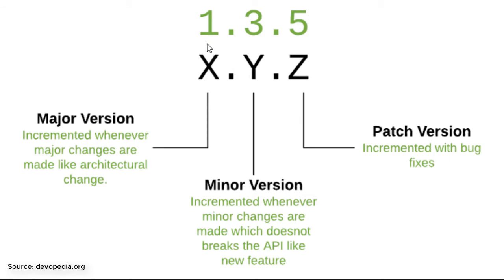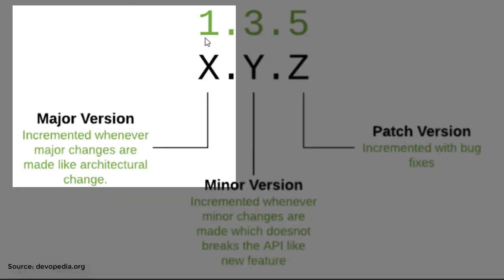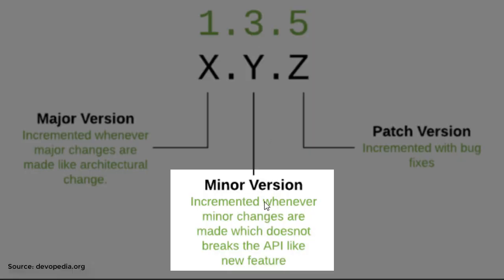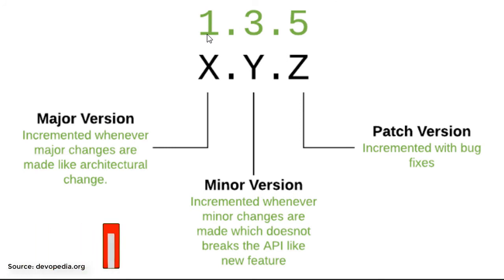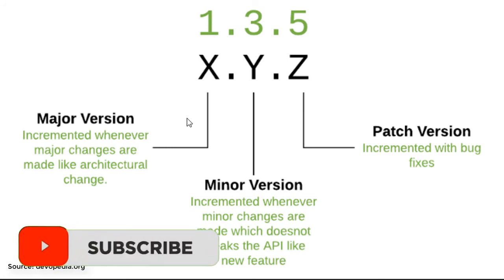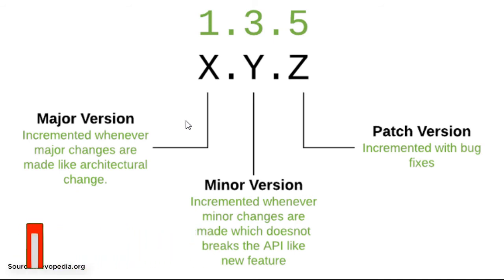To explain the semantic version much more clearly, I have this photo right here. As you can see, the first portion of this versioning indicates the major version, the second the minor version, and the third the patch version. The major version, every time it is incremented, indicates that there has been a major change, like an architectural change or any breaking change that can potentially break the application.